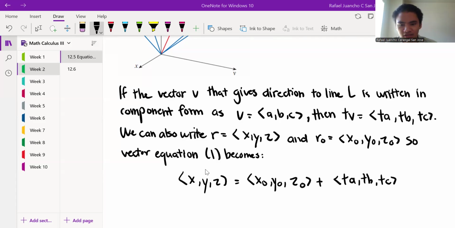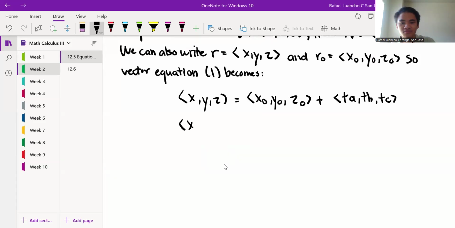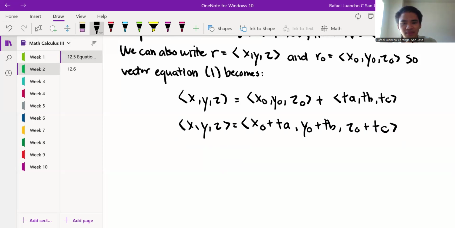Now we can add it. The textbook did it directly, but I'm just doing it step by step. x naught plus tA. So we're adding these two vectors, right? y naught plus tB, z naught plus tC. So there, we have the same vector equation, but in component form.